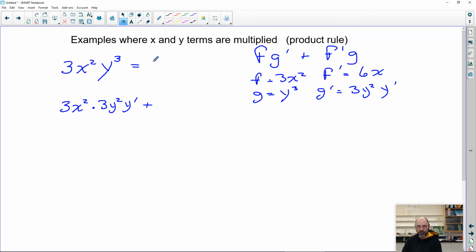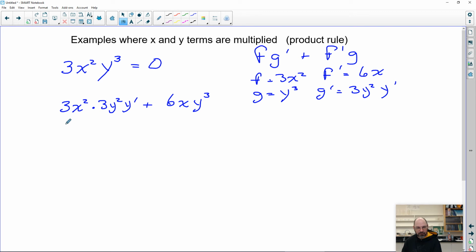So let's say equals 0, because then when we do the derivative of that, it's still 0, or it could be any number, as long as there's no variable there. So then plus f prime, which was 6x, times g, which was y cubed.